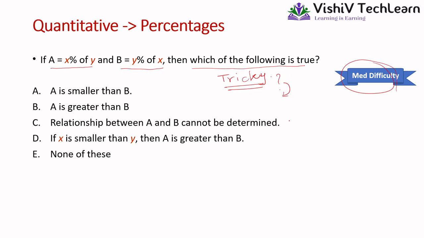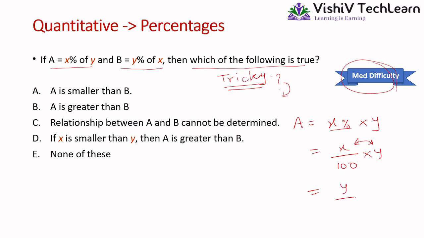Now here, what is given? A is equal to X percent of Y, where "of" says multiplication. So this can be written as X per cent. Correct? X percent is nothing but X per cent, multiplied by Y as it is. And we can interchange the positions of X and Y, since multiplication is there.